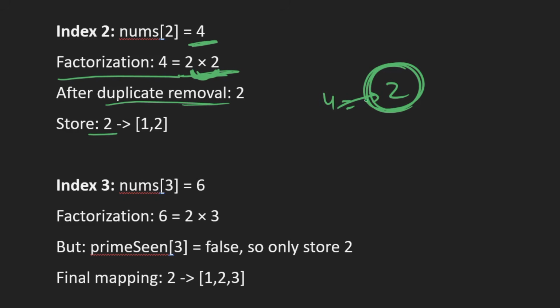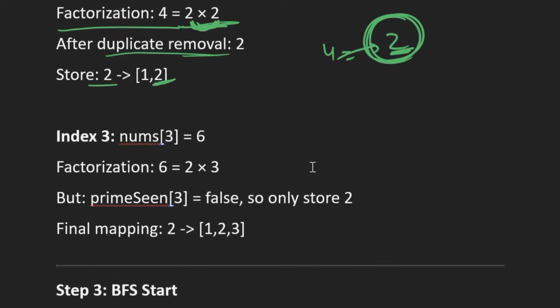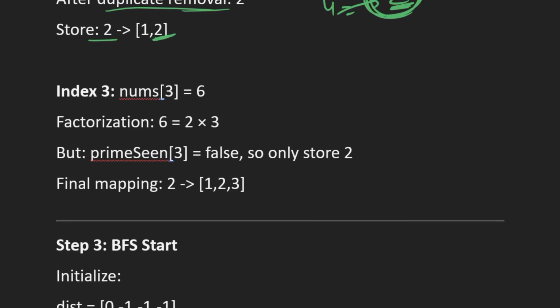So again 2 is present in the array, so we store index number 2 also, right? So now for prime number 2, the numbers divisible are present at index number 1 and index number 2, which is 2 and 4. So now next we move to index number 3, which is 6, and the factorization of 6 is 2 into 3.